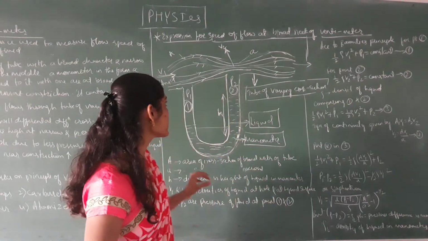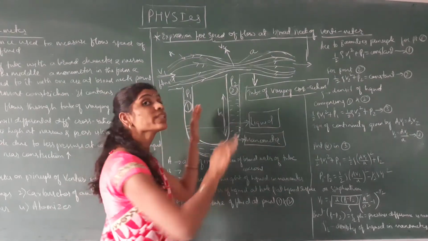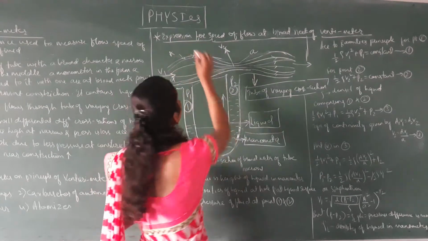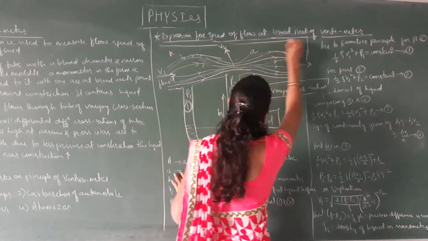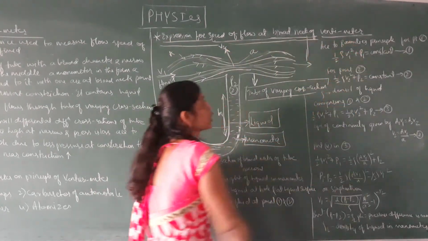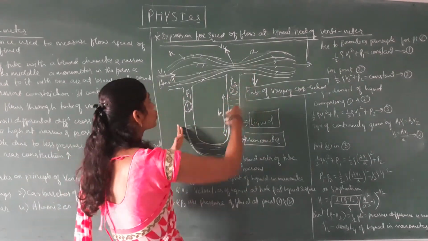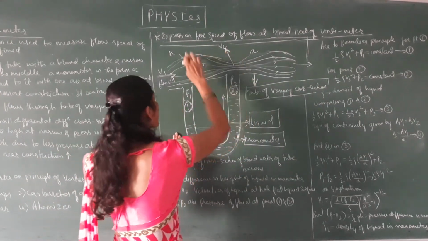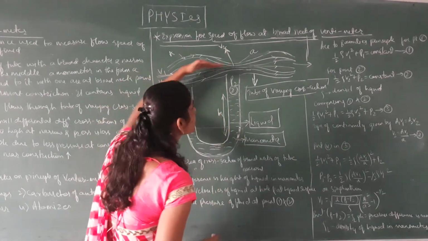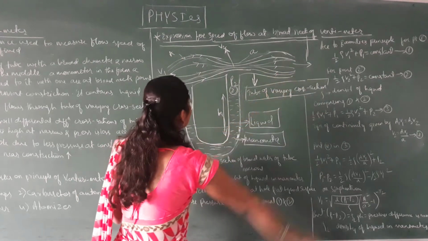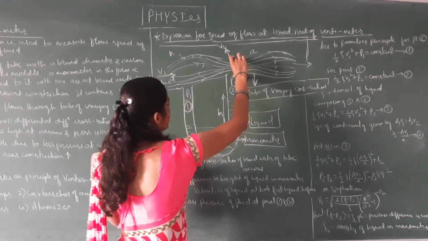Next, with this knowledge, we shall discuss the expression for speed of flow at the broader neck of the Venturi meter. It looks like a U-tube; this is the narrow area and this is the larger area. V1 is the velocity at the broader area and V2 is the velocity at the narrow area, as shown here.